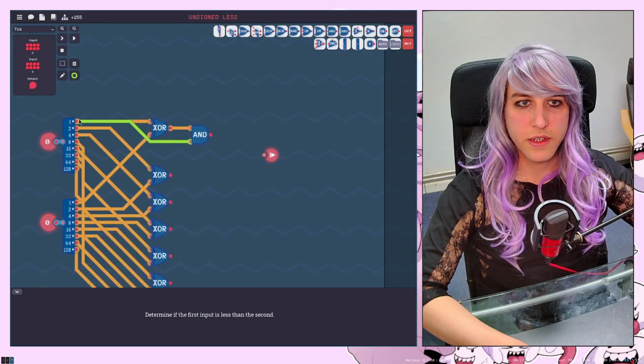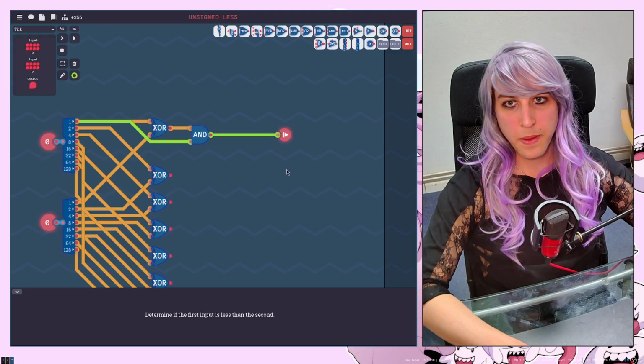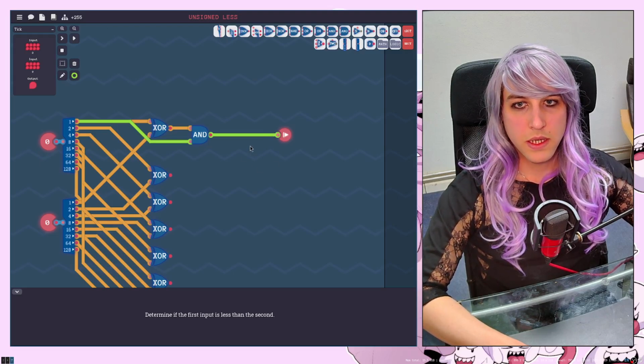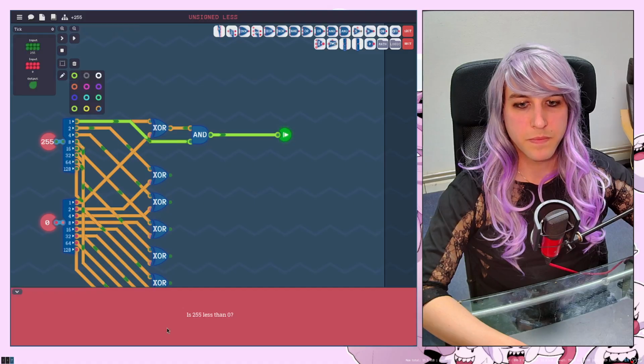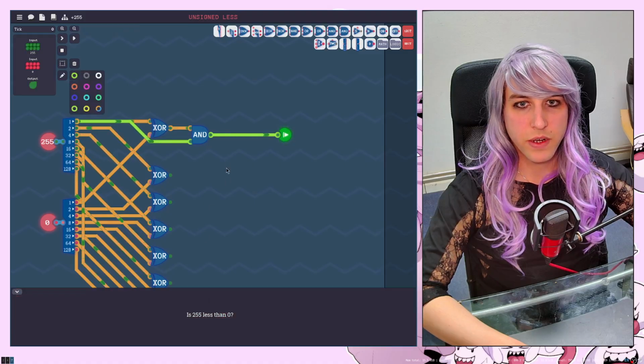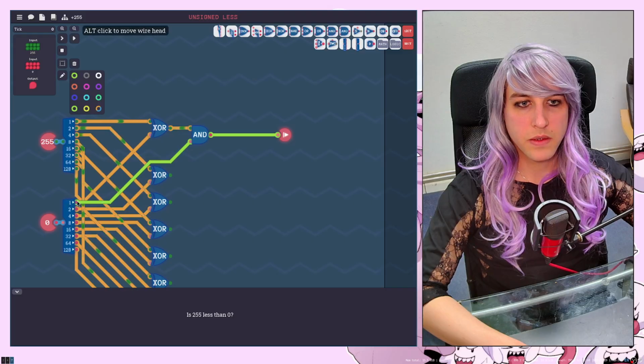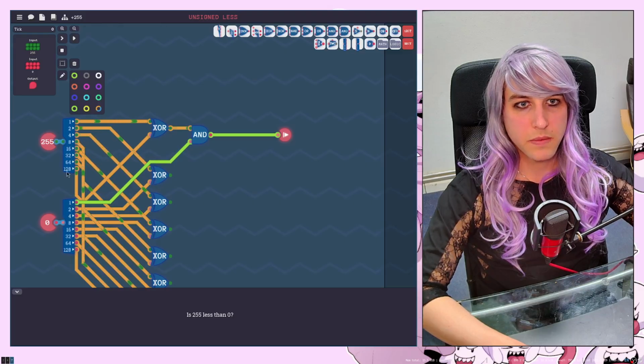If they differ and this one is true, we would know that this one is the bigger one. So we would have to take this one, right? So this would show us the case in which this one is greater, which would be equal to this one being lesser.